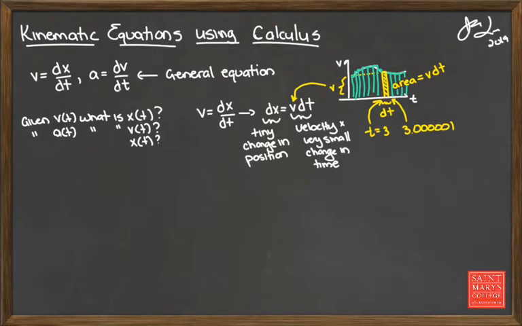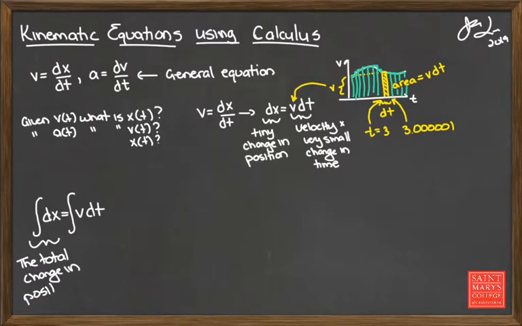Well, I'd rather not do this for a ton of rectangles. Calculus offers us a solution. So this is the same as the mathematical integral of the previous expression. So what this means is the total change in position. More or less, you're adding up all those tiny changes and you're getting the total change overall.